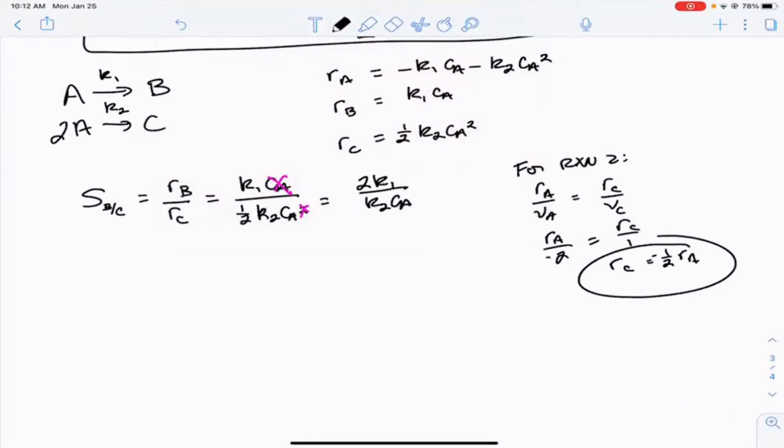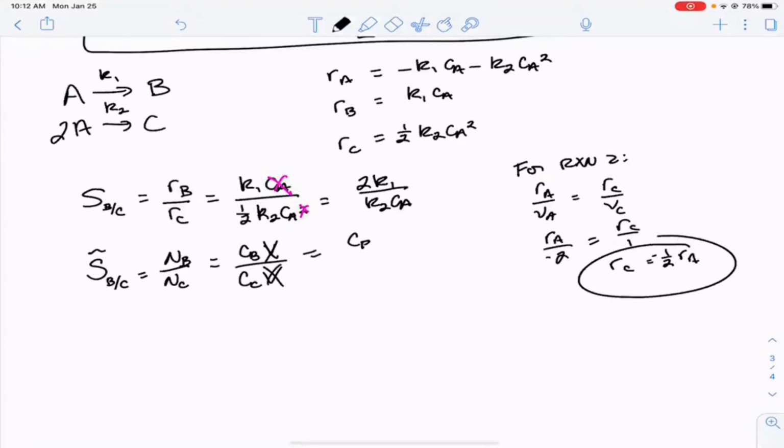So that's interesting. And the overall selectivity of B over C, of course, is NB over NC. And that's just the concentration of B times the volume over the concentration of C times the volume, right? The volumes cancel and you get CB over CC.